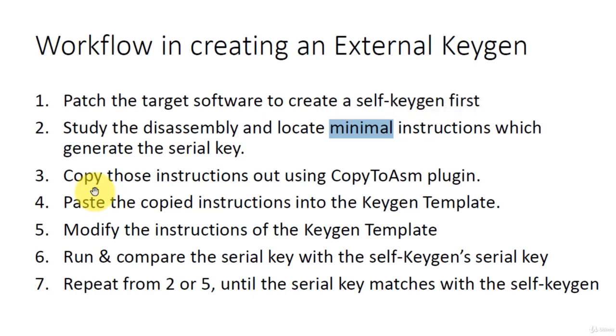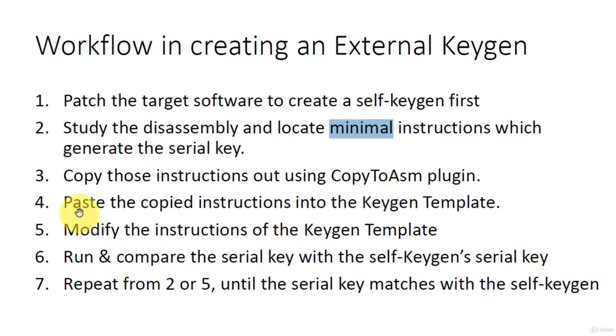Step 3. Copy those instructions out using the Copy to Assembly plugin. The Copy to Assembly plugin is a plugin that you need to install in x64dbg in order to allow you to select regions of the disassembled code to copy to a separate file.